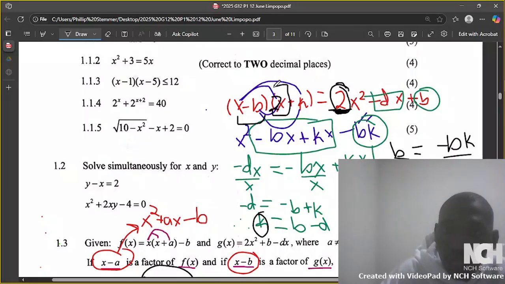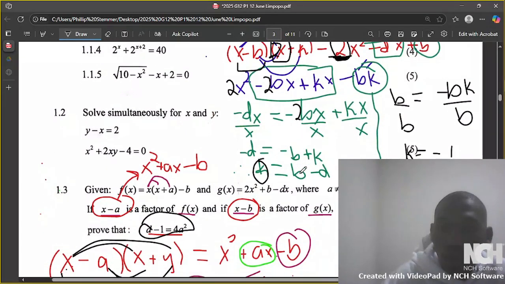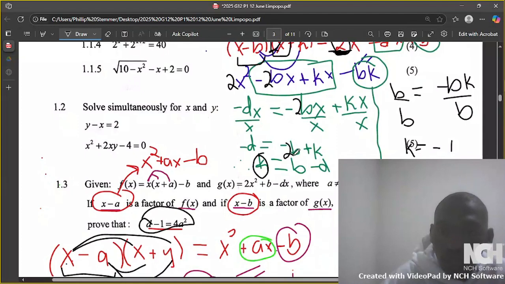The next one is the other factor equal to plus k. x minus b, which means over 2. Over 2.